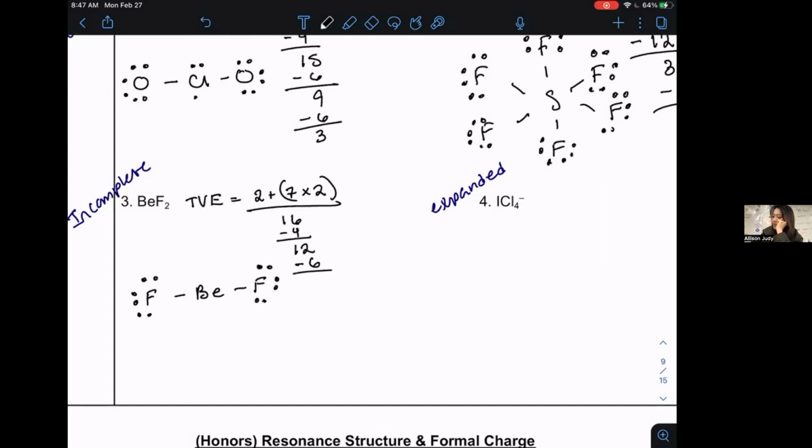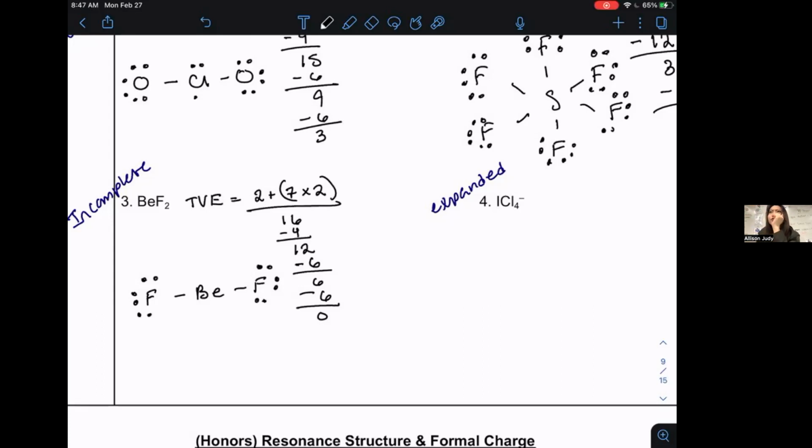Okay. That is 6 minus 6, giving me 0. Beryllium only has access to 4. Fluorines are good. Does beryllium need more? Do we need a double bond? It doesn't need more. Also, you're partnered up with 2 fluorines. Fluorines are what type of element? Halogens.